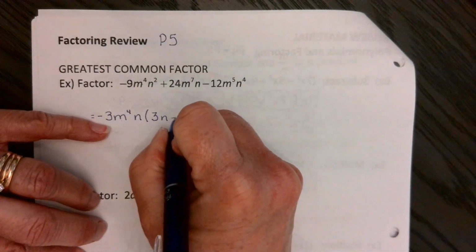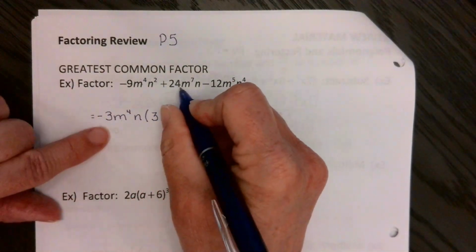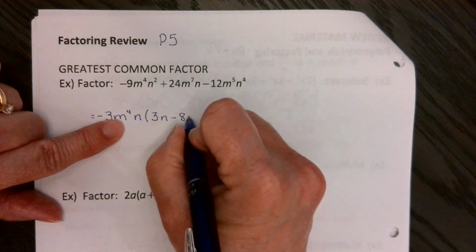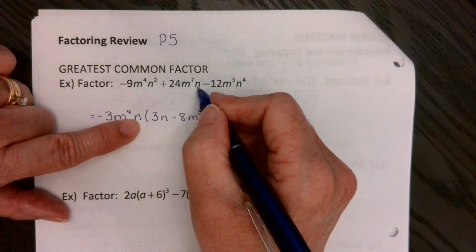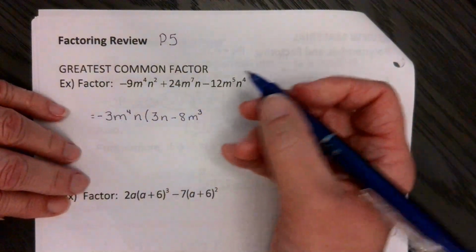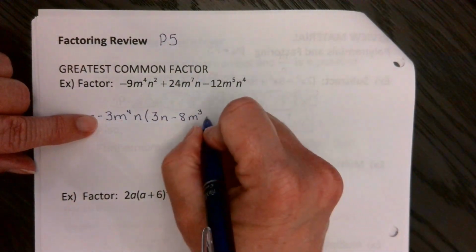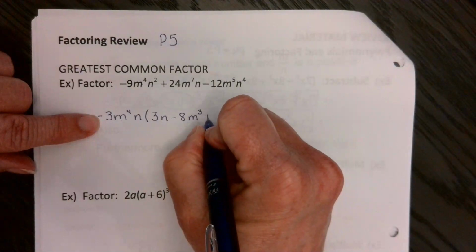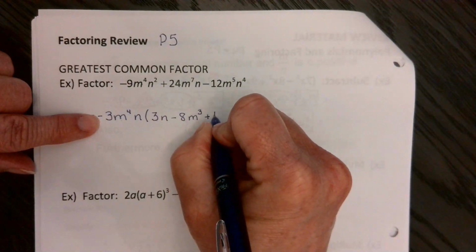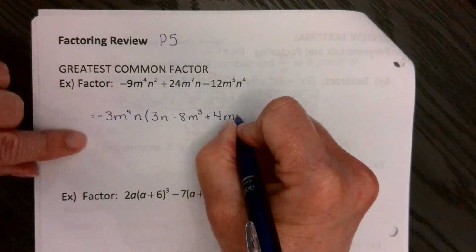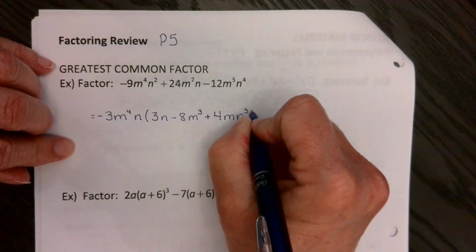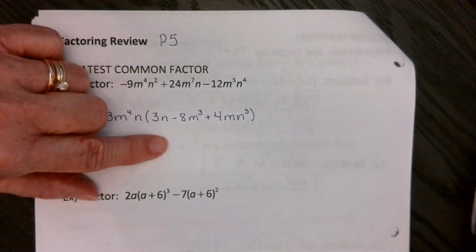Now, minus 8 m to the 3rd, and n, I'm just subtracting my exponents, so I don't have that. Right here, I'm going to factor out a -3, which is going to give me a +4 m n to the 3rd. Now, some of you are wondering how I got this, okay?